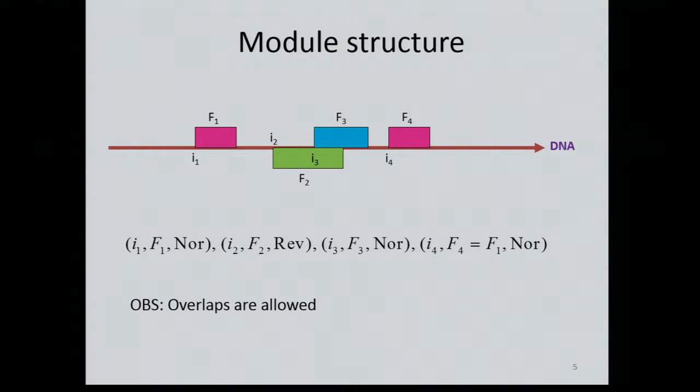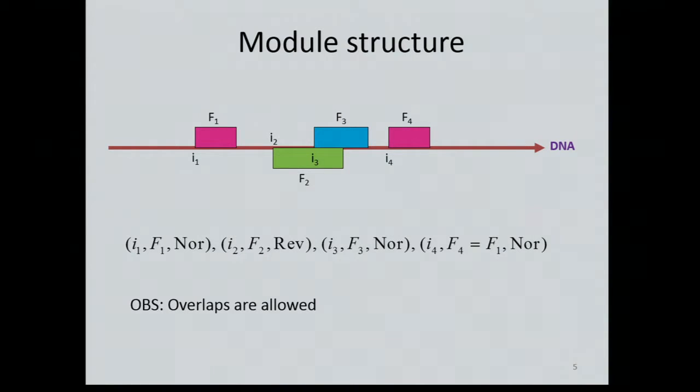Here I have a simple formalization of this module structure, which will not have too much role in my talk later on, but this has been the underlying way of thinking in what we have been doing.